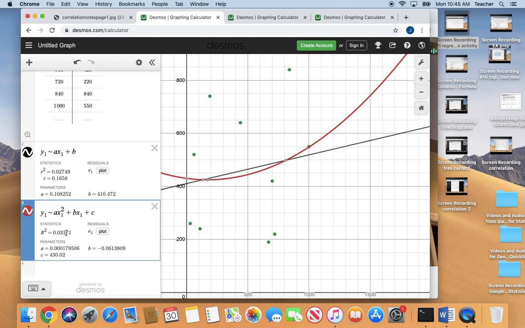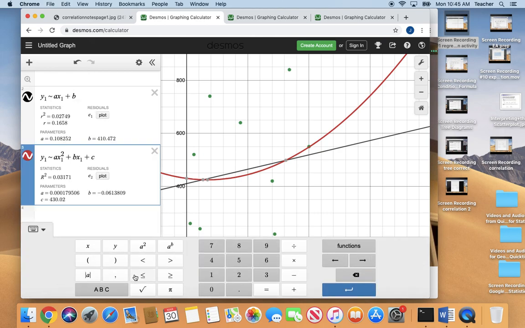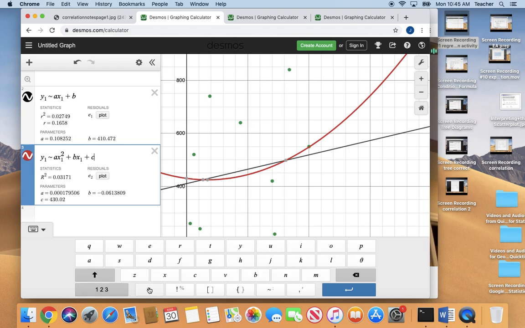And you'll say, okay, well, if r only describes linear, you'll notice if I do a logarithmic regression on here, for example, or an exponential. So I'll do an exponential one.